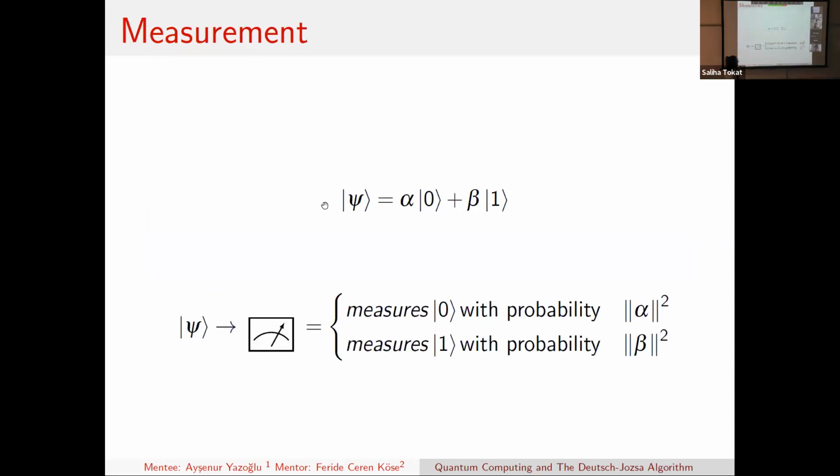So when we extract this information, we measure the qubit. This here is a meter, a measuring device. After measuring the qubit, what we have is state 0 with probability norm squared alpha, and state 1 with probability norm squared beta.